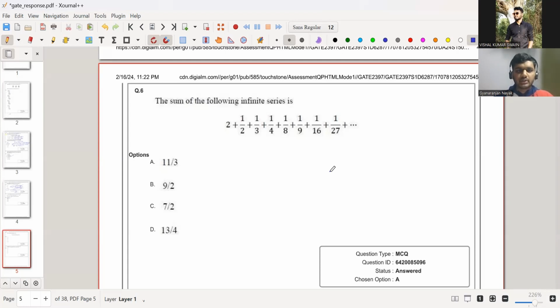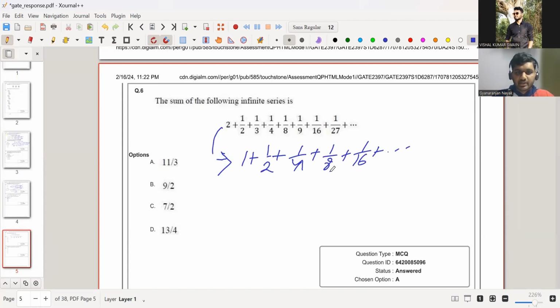So here the sum of the following infinite series is given, that is 2 plus 1 by 2 plus 1 by 3 plus 1 by 4, and so on. So you find two infinite series as 1 plus 1 by 2 plus 1 by 4 plus 1 by 8 plus 1 by 16 plus dot.